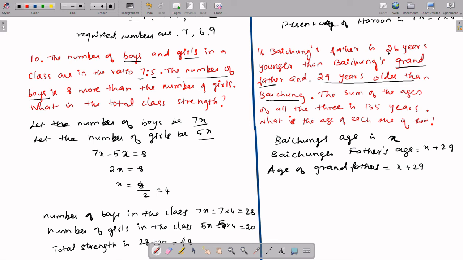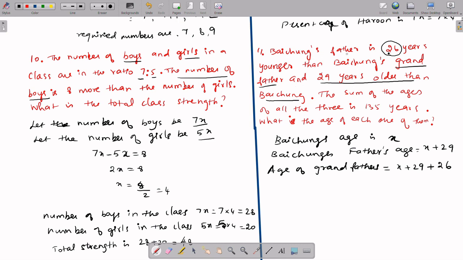So when you add 26 to the father's age, you get the grandfather's age. Is that clear? So the age of the grandfather is x plus 29 plus 26, because Baicheng's father is 26 years younger than the grandfather.